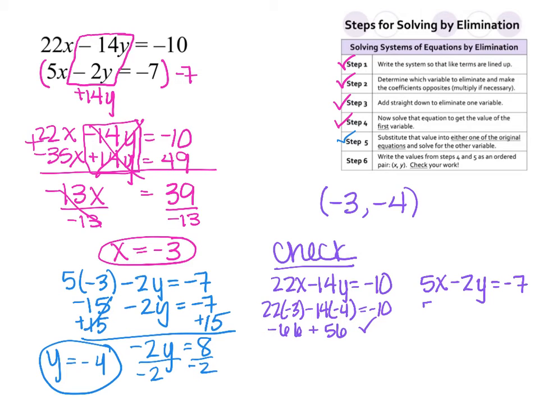And the second one, 5 times negative 3 minus 2 times negative 4 is supposed to equal negative 7, but does it? Negative 15, and a negative times a negative is a positive. 2 times 4 is 8. Yep, negative 15 plus 8 is negative 7.